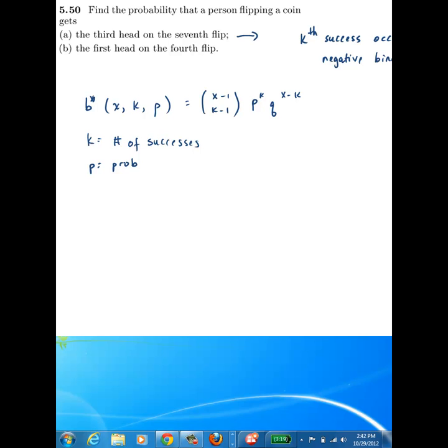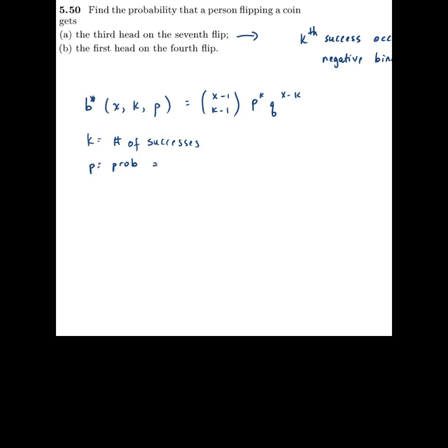So what is the probability in this case? So we are going to assume that we have a fair coin. So we have the same probability for getting a head or a tail. So it's going to be 0.5. And what will be the number of successes?